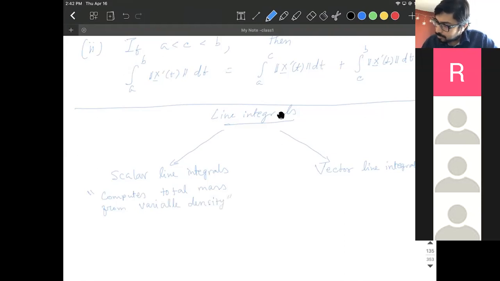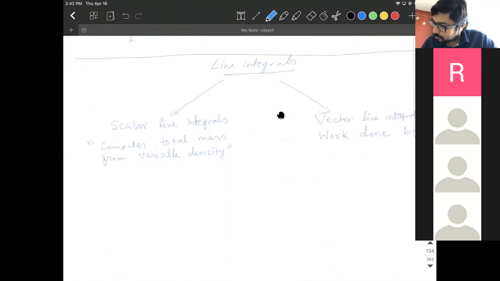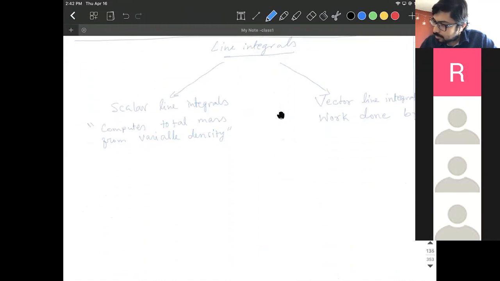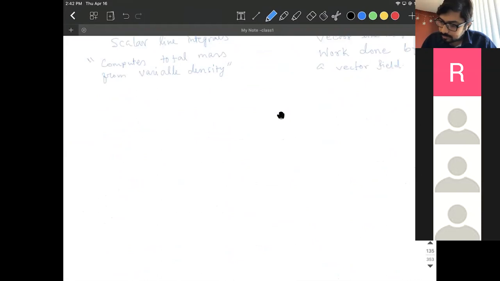And the vector line integral computes the work done by a vector field. Okay. So the first one, the scalar line integral.